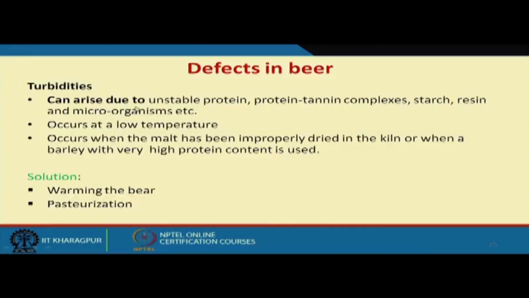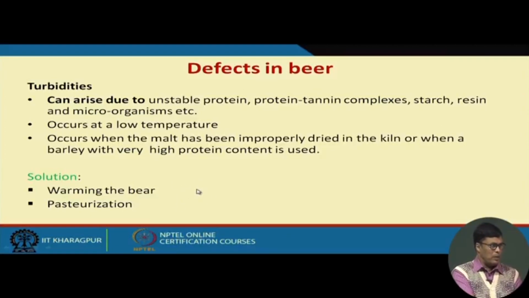This can arise due to unstable protein tannate complex, starch, resin and microorganisms. It occurs at low temperature, when malt has been improperly dried in the kiln, and when barley with very high protein content is used. This can be removed by warming the beer and by the pasteurization process, so the turbidity of the beer can be removed to some extent.